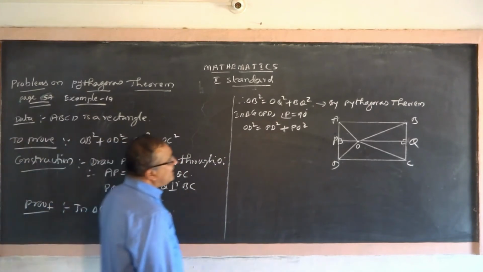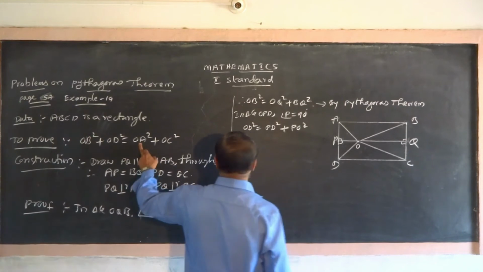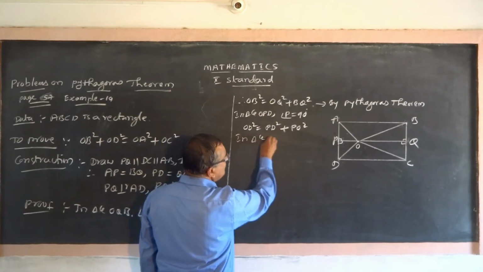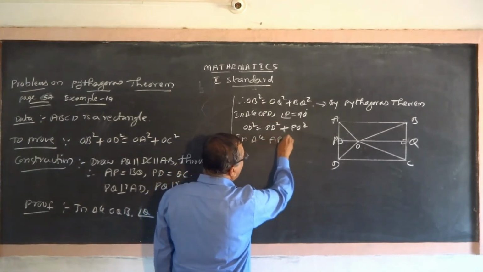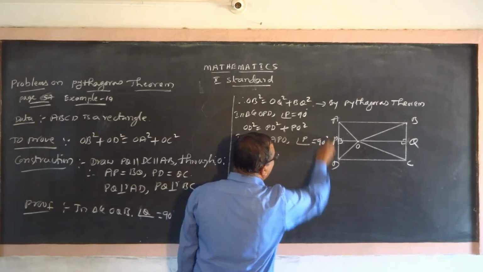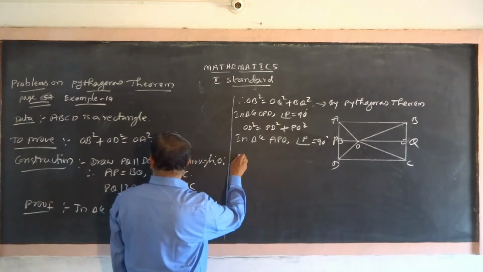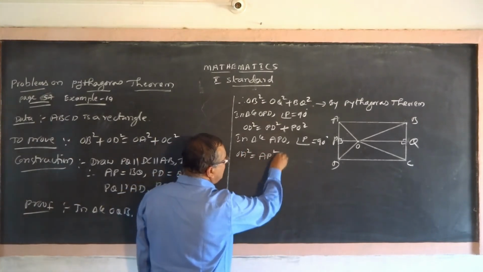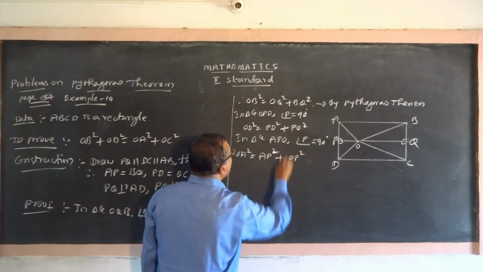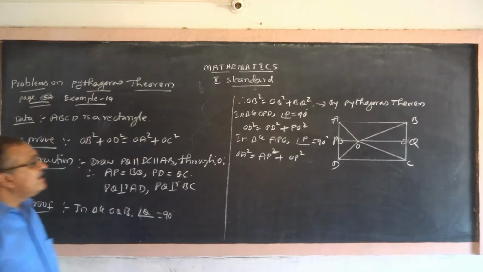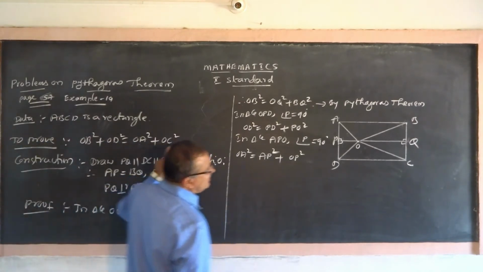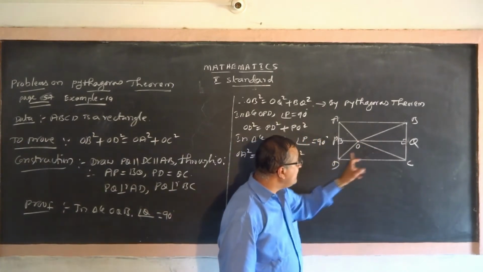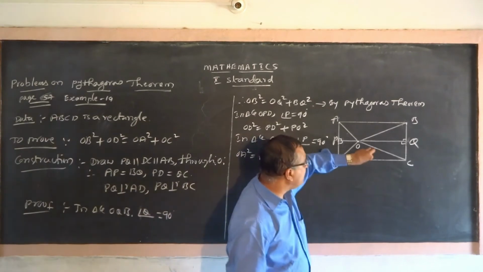Next, in triangle APO, again angle P equals 90 degree. So OA square equals AP square plus OP square. Next, in triangle OQC, here is OC but we do not know the 90 degree, so we are not going to take this triangle.